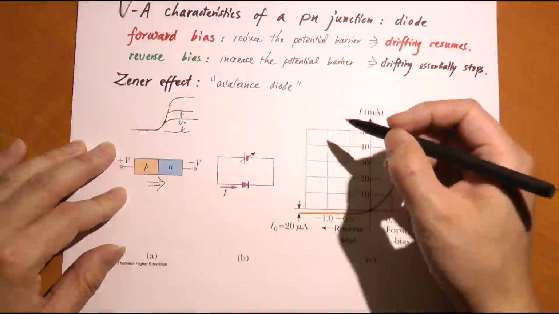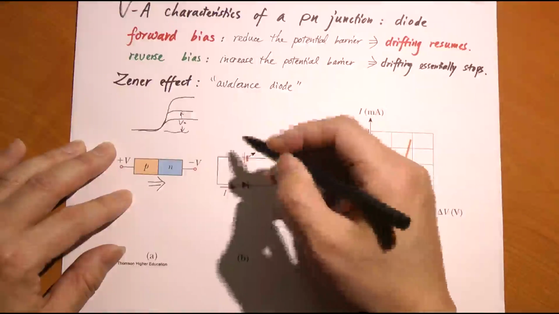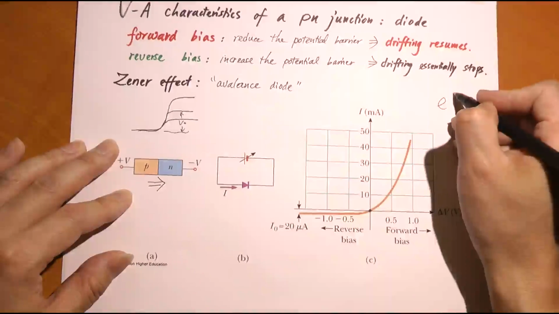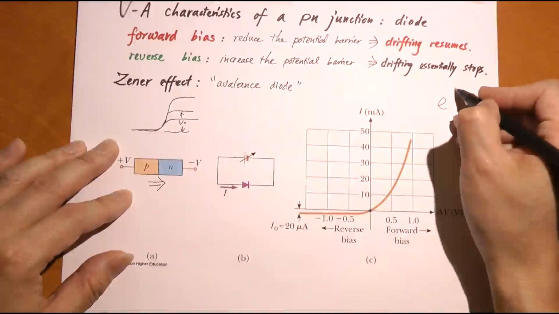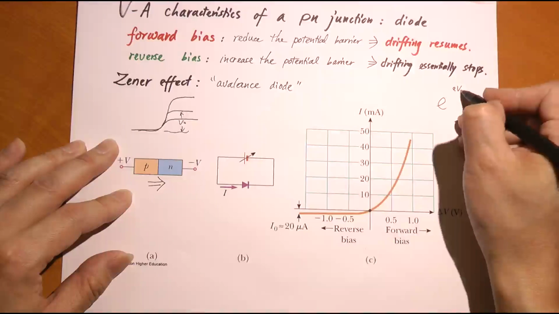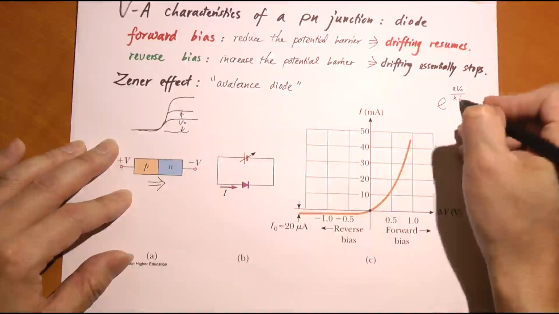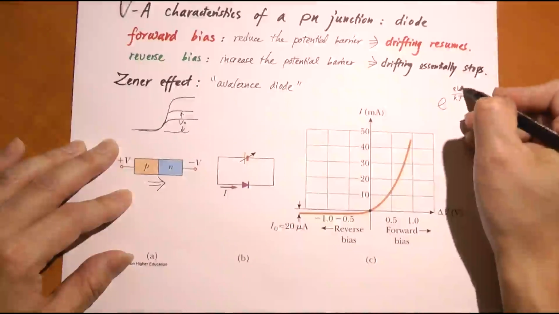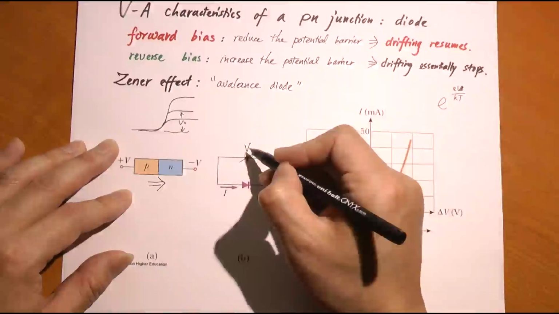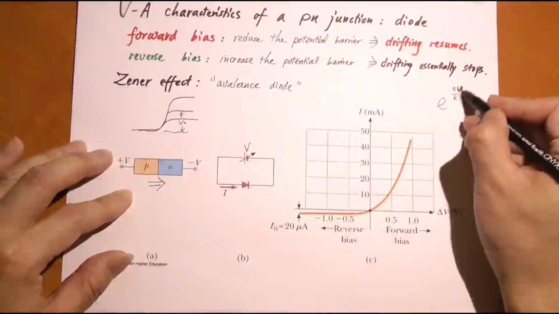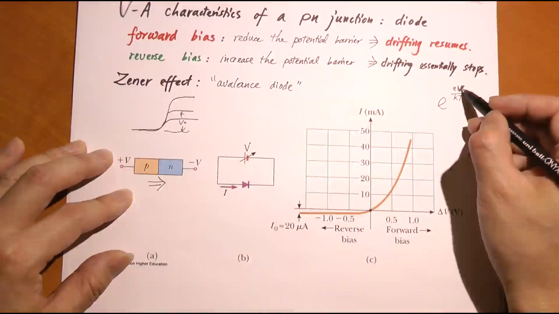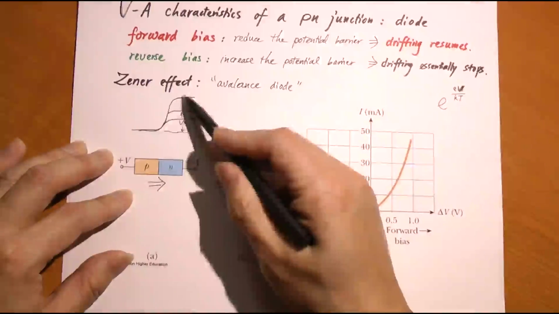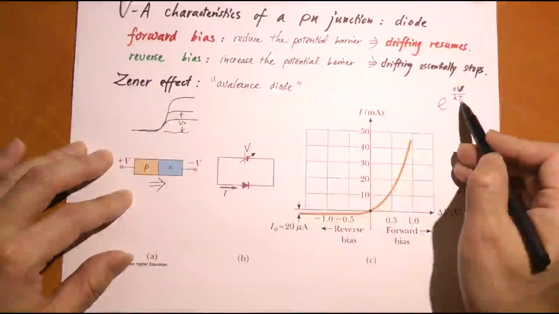So therefore, the energy it has to scale over is decreased, and the probability increases by a factor of e to the eV over kT. V is the potential difference that you apply here. eV is the decrease in energy, the energy hump that you have to come over, and kT is the thermal energy.